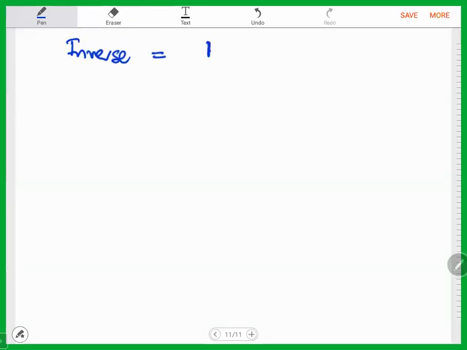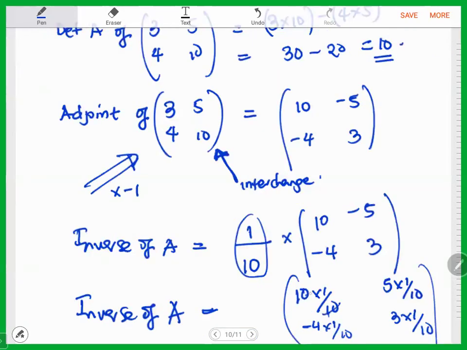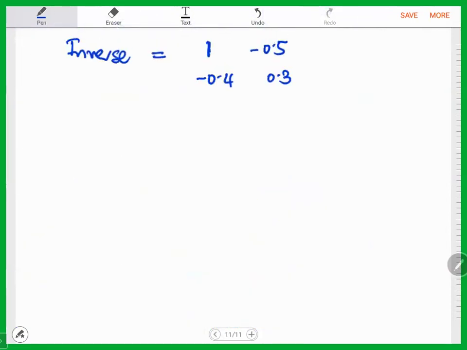We have -0.5, then negative 0.4, and 0.3. This one is out of 10, which is 0.3. That is why I have it as this.